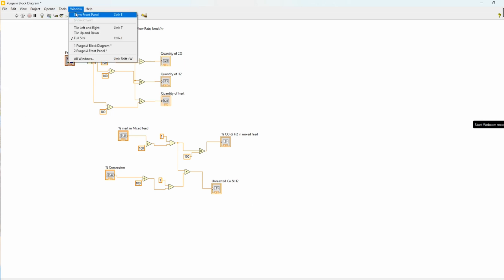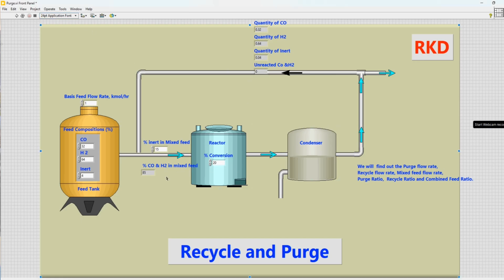So this is unreacted CO2. We'll see where is it. So that should be here.